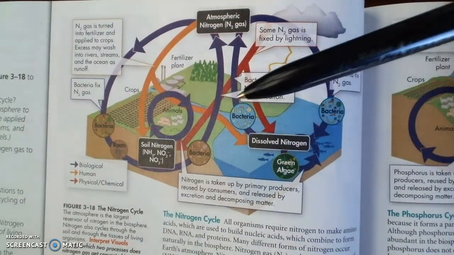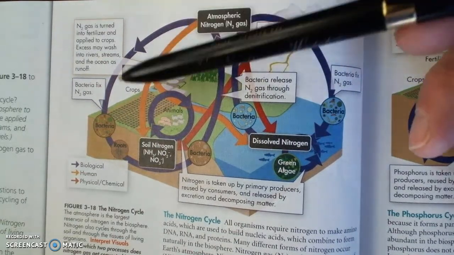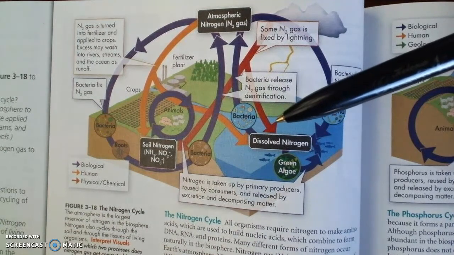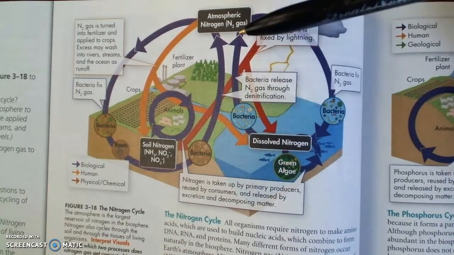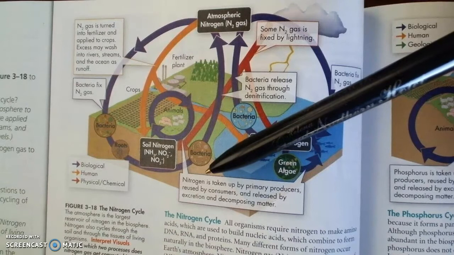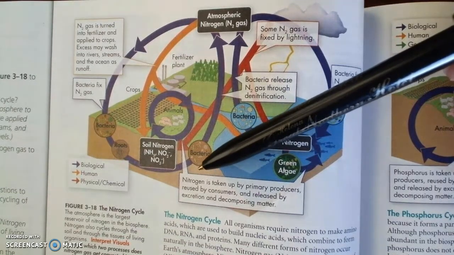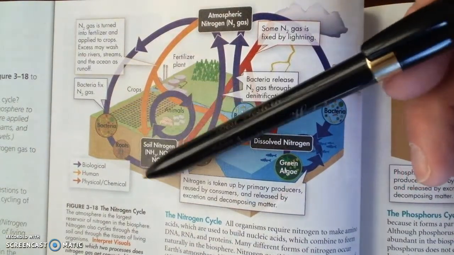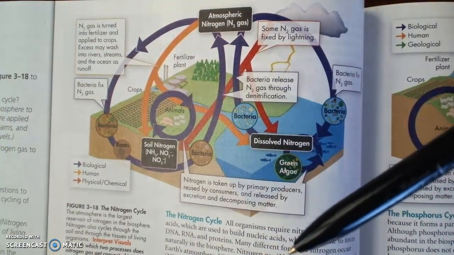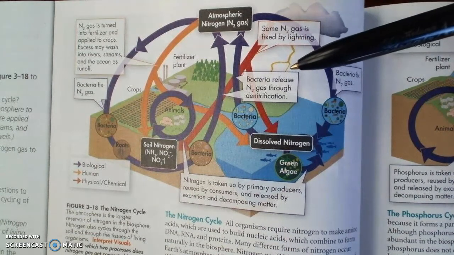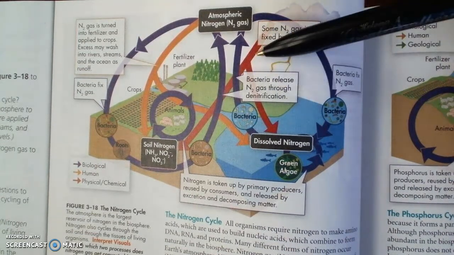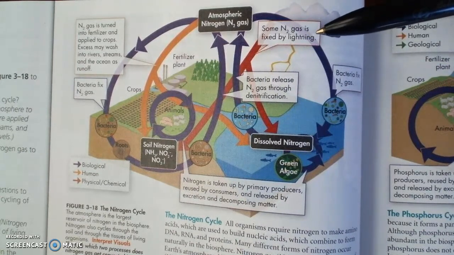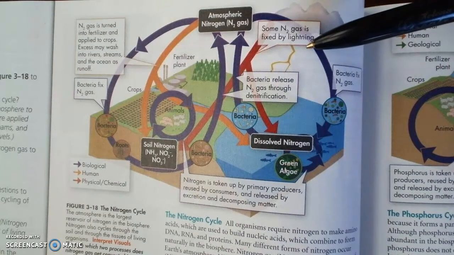The main message with this nutrient cycle is that nitrogen is a key nutrient for plants to grow. It's super abundant in the atmosphere, but very limited in the soil. One of the key players of this cycle is the bacteria, to bring that atmospheric nitrogen into a usable form for plants. There is one other pathway I want to talk about, this red arrow, which is this physical or chemical pathway when nitrogen can sometimes be fixed by lightning.